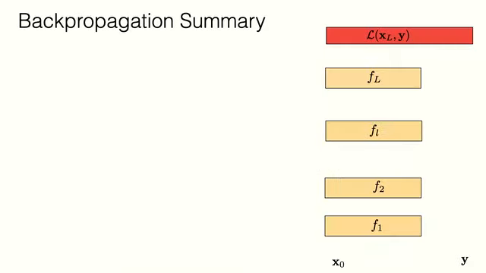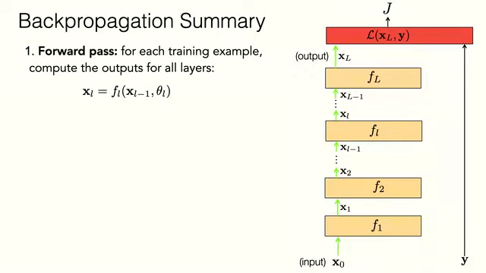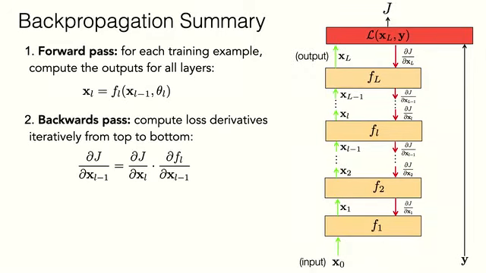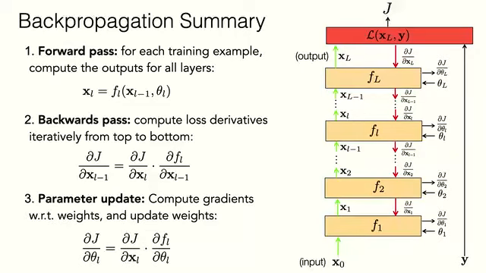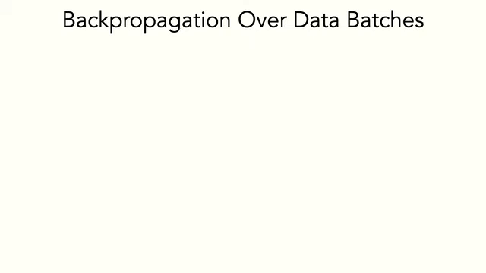So now, if we take a summary: in the forward pass, we compute the outputs for all the layers. In the backward pass, we compute the loss derivatives iteratively from top to bottom. And then for the parameter updates, we compute the gradients with respect to the weights, and then we update all of those weights. Okay, so now what we actually do is we do this over batches. We're not doing this for a single data point at a time.